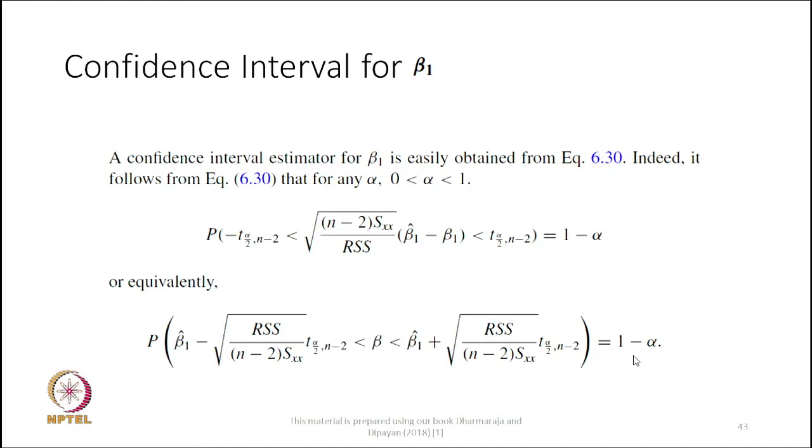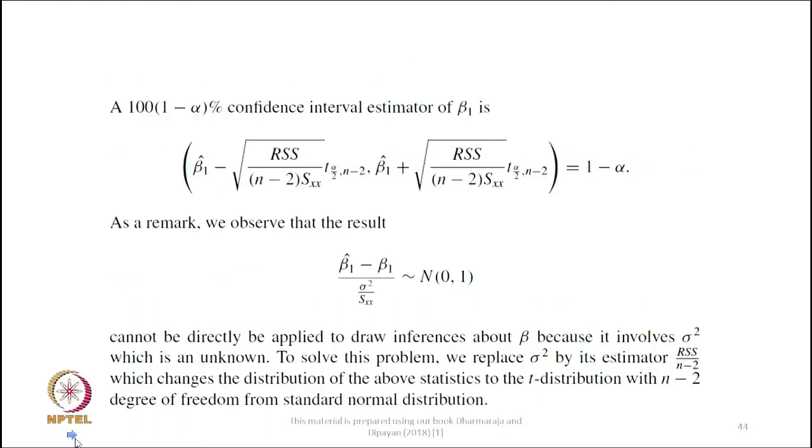Therefore, the confidence interval for beta 1 is the left side quantity and the right side quantity. So, you have to read this last equation as the probability of beta 1 lies between this interval, instead of beta. The 100 times 1 minus alpha percentage confidence interval estimator for beta 1 is such that the probability of this interval is going to be 1 minus alpha. So, the confidence interval is this much, and that probability is 1 minus alpha.